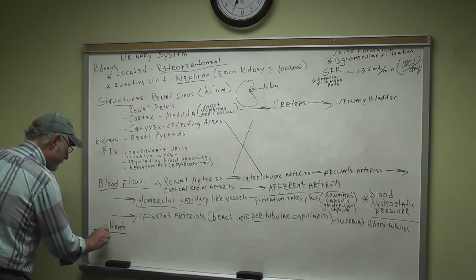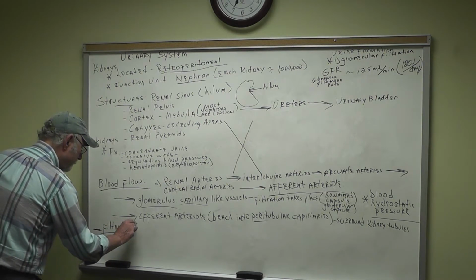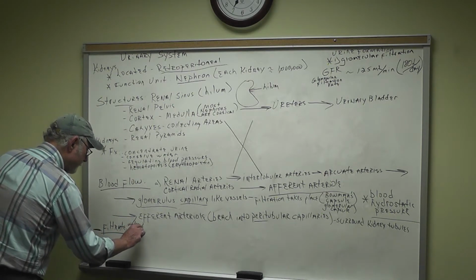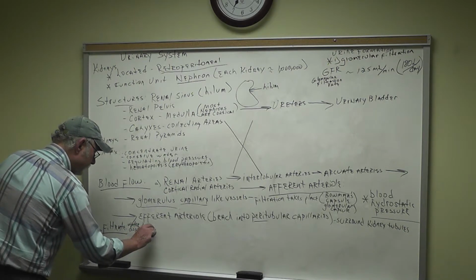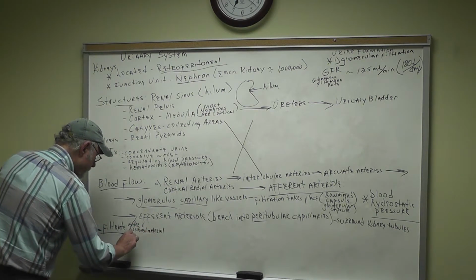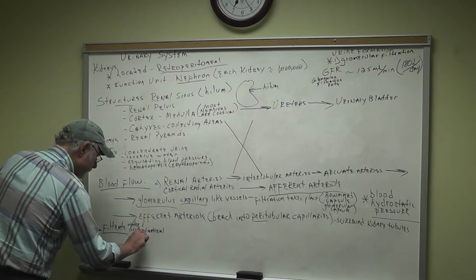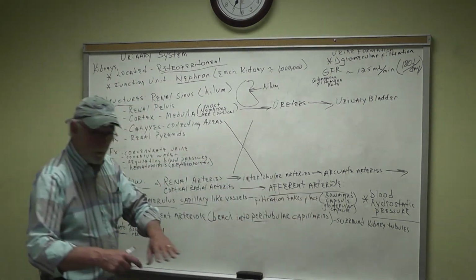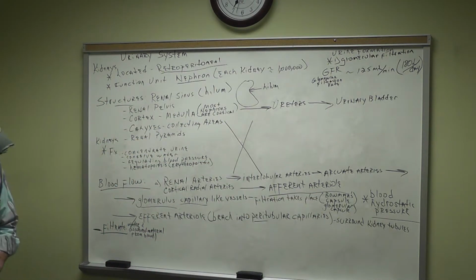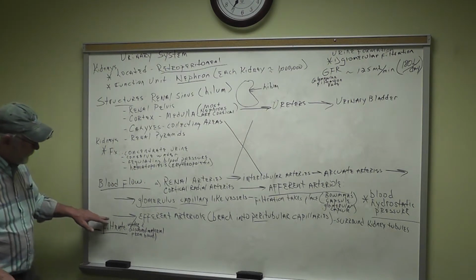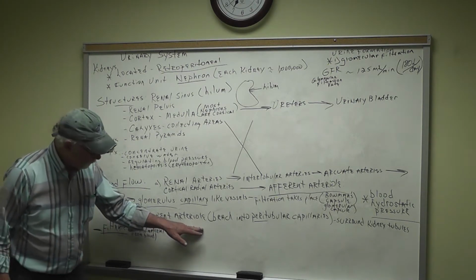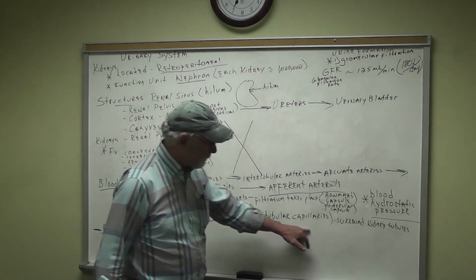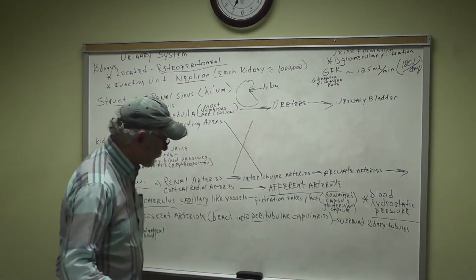This filtrate is water and dissolved materials from the blood. Filtrate is in Bowman's capsule. That portion of the blood which has not been filtered will enter the efferent arteriole, which then subsequently will branch into the peritubular capillaries which surround the tubules, which we'll address right now.